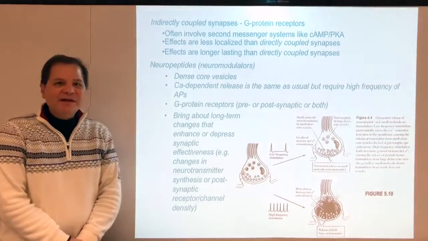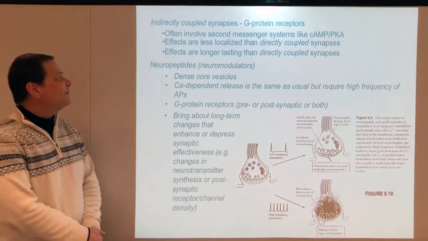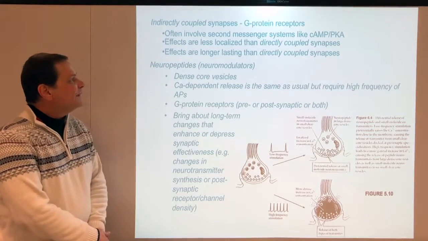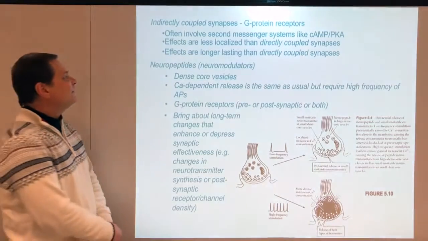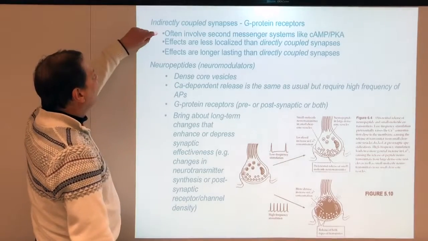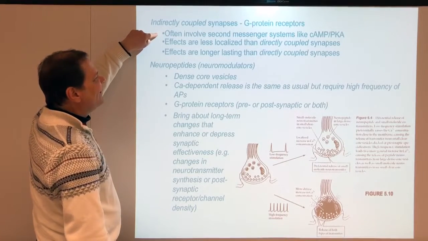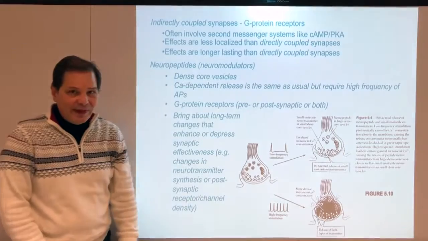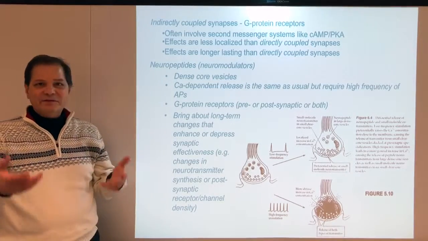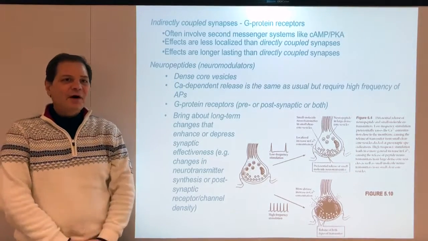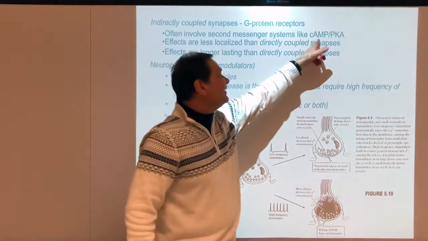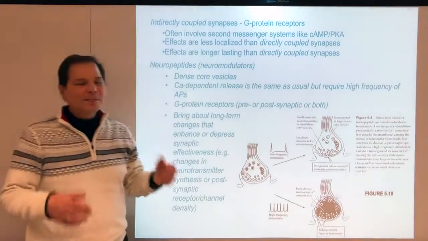We haven't talked much about indirectly coupled synapses. I don't really want to focus on them, but they do have some specialized characteristics you should be aware of. They often involve second messenger systems, so you guys know that. G proteins will often cause things like increased cyclic AMP and PKA activity.